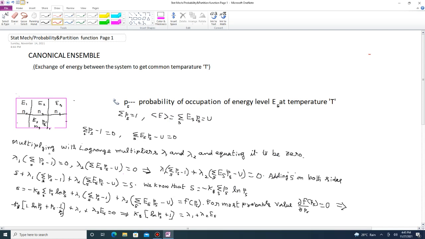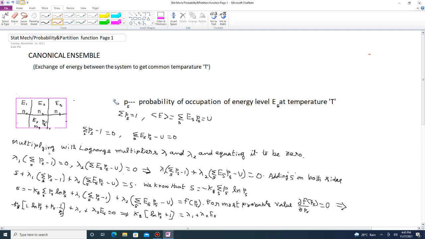Now in this canonical example, each cell is separated by conducting walls, so that the temperature remains constant, because one cell may have a higher temperature and another a lower temperature.